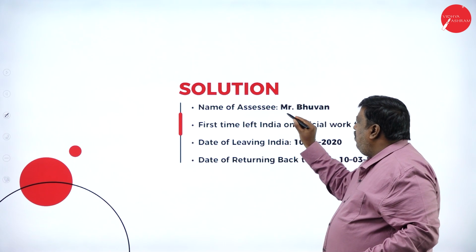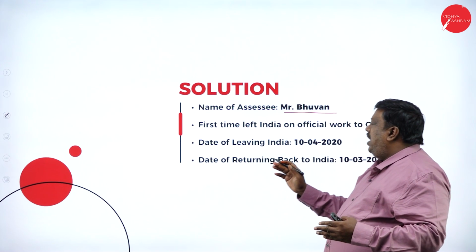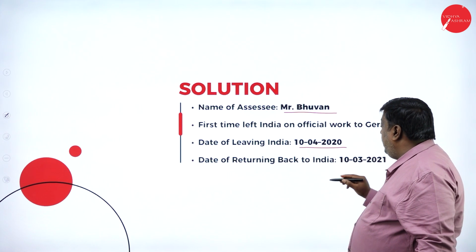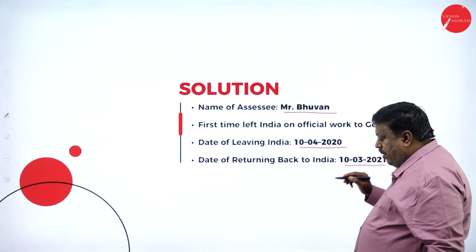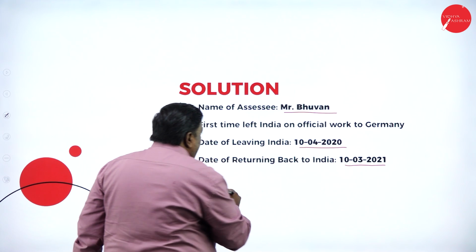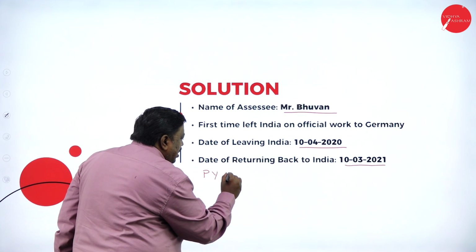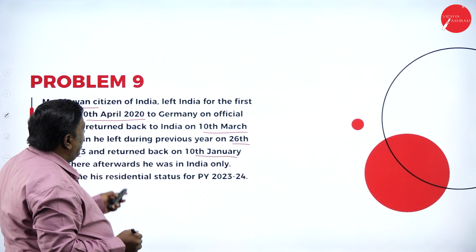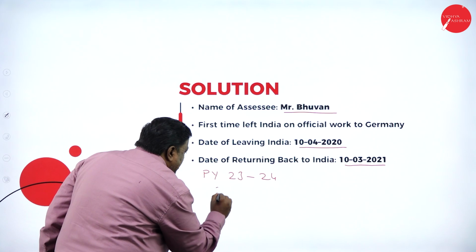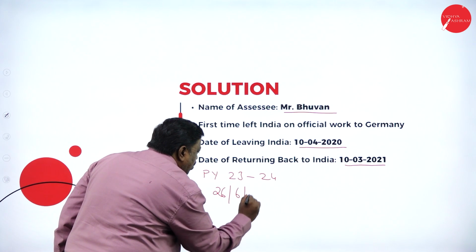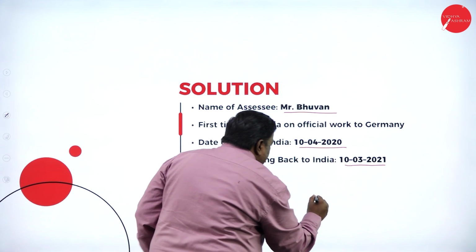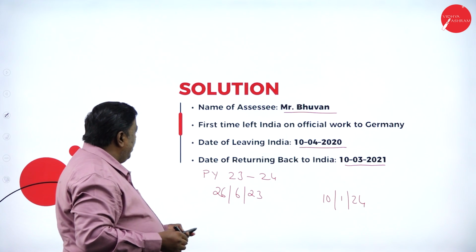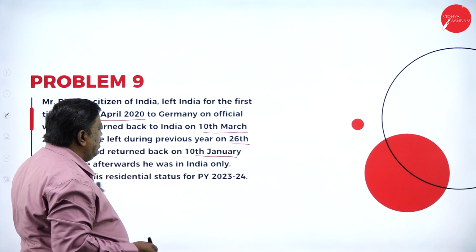Now, what is my name? Mr. Bhuvan. When I left India for the first time, 10th April 2020. When I returned back to India, 10th March 2021. During previous year 2023-24, I left India on 26th June 2023 and I returned back on 10th January 2024.